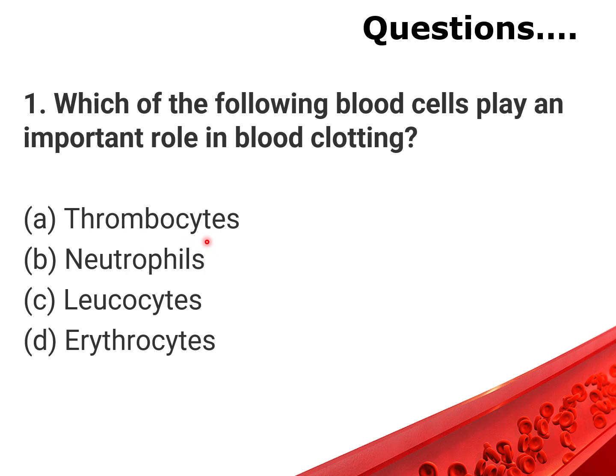First question: which of the following blood cells play an important role in blood clotting? Here a few answers are written, but you can see that the terminologies used are different from red blood cell, white blood cell and platelets. The answer to this is a very easy question. A will be the answer.